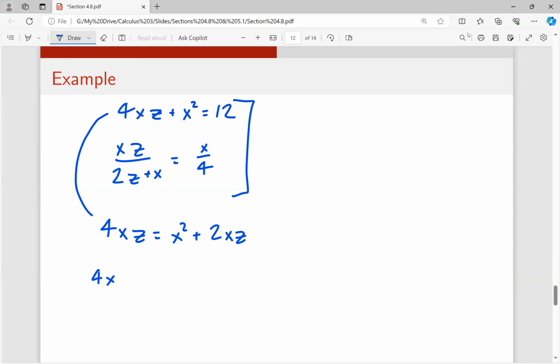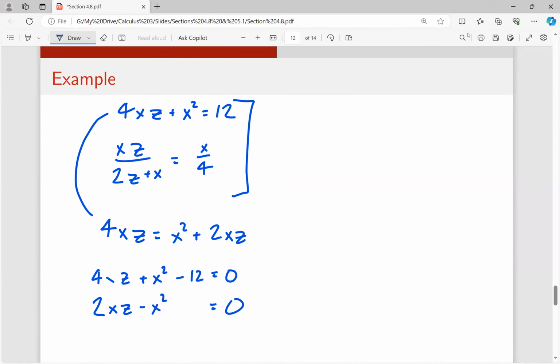So 4xz plus x squared minus 12 equals 0, and 4xz minus x squared. Oh, but subtract 2xz from both sides. So 2xz minus x squared equals 0.